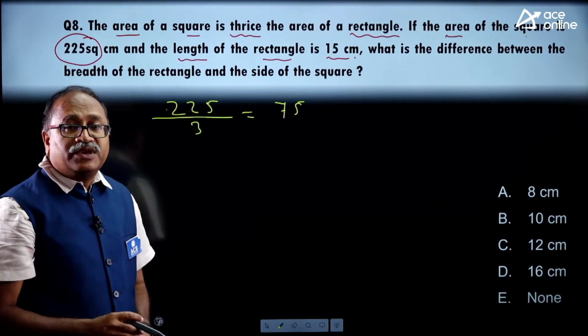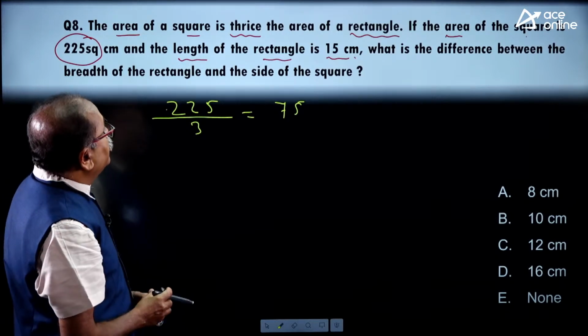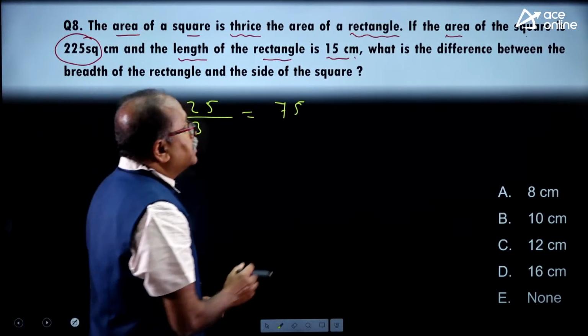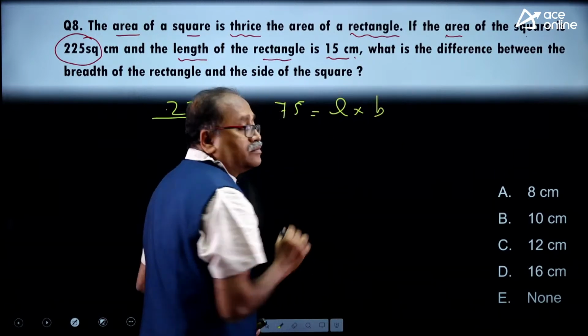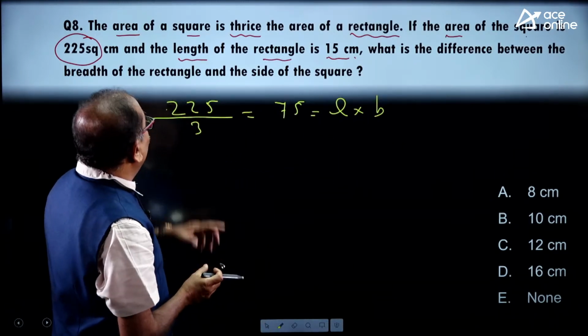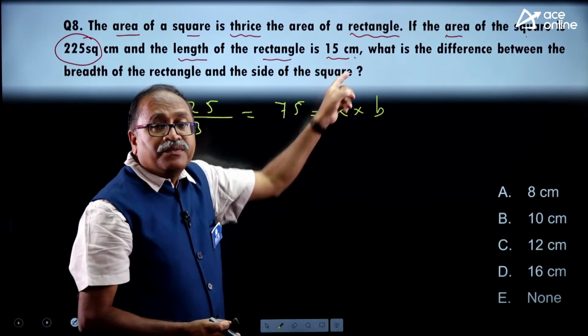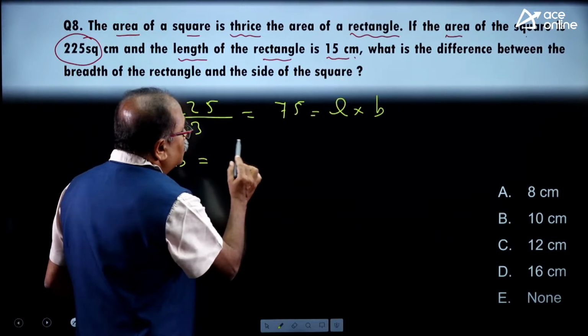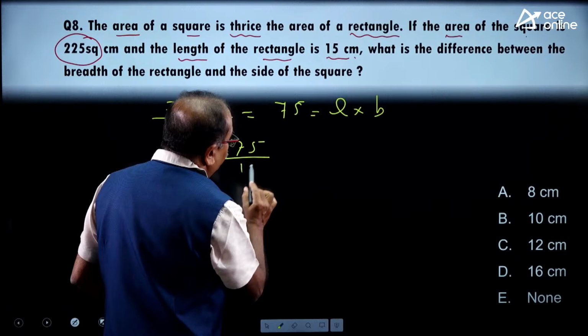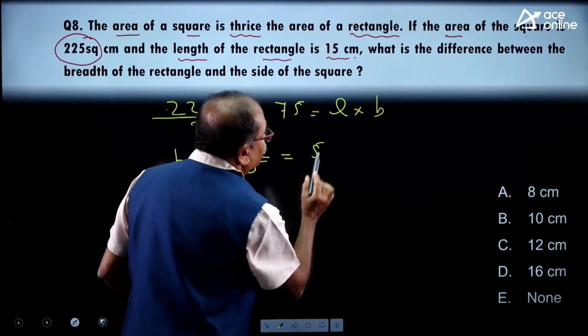This is the area of the rectangle, which is nothing but L into B, in which I already know the length is 15. So what is the breadth? Breadth is equal to 75 divided by 15. I will get 5.